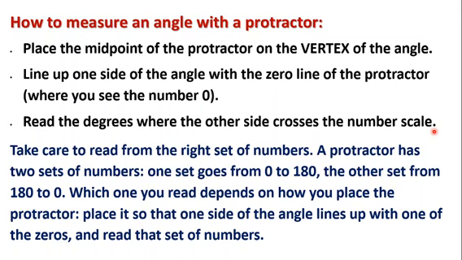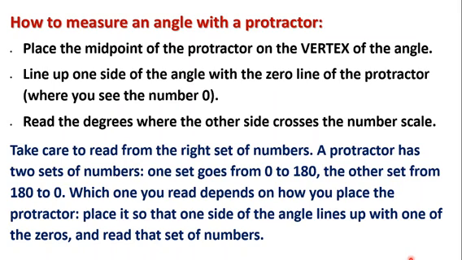Now it says here that you should take care to read from the right set of numbers. A protractor has two sets of numbers. The first set is from 0 to 180, and the other is from 180 to 0. The one you read depends on how you place the protractor.